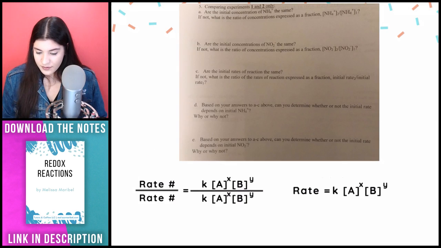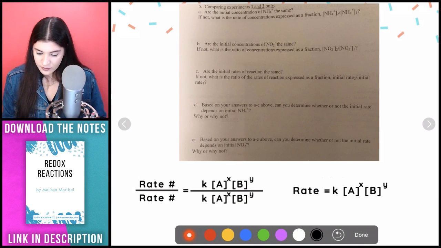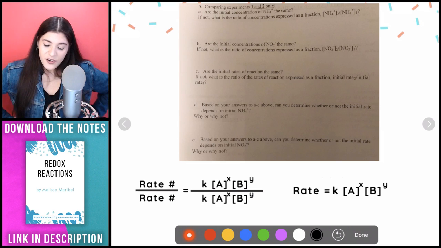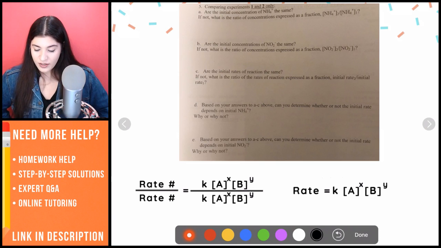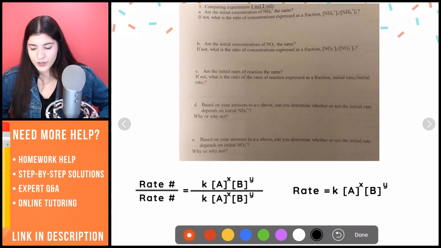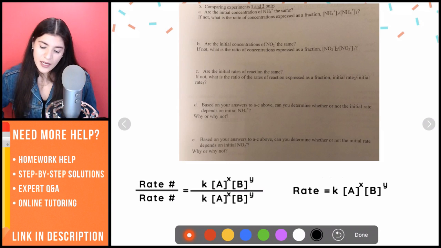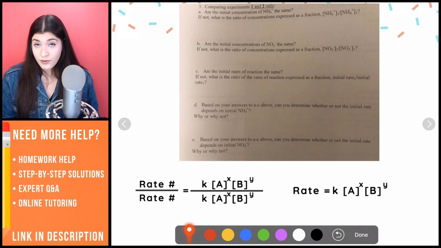I'm trying to see if there's anything else that I wanted to talk about with this. Based on your answers for that, can you determine whether or not the initial rate depends on initial NH4 plus? So for a lot of these, what you're going to do is divide the rates.